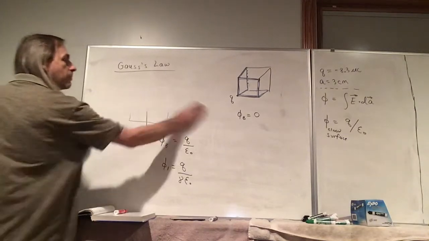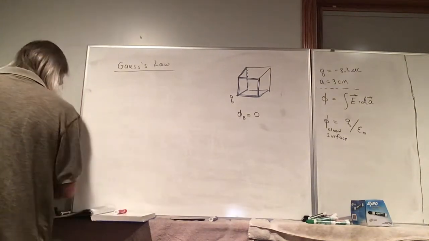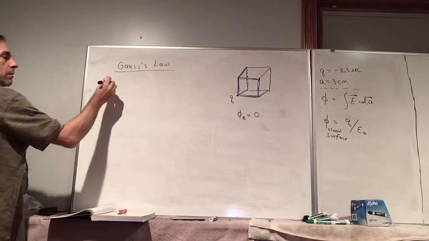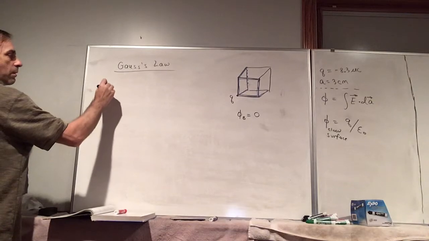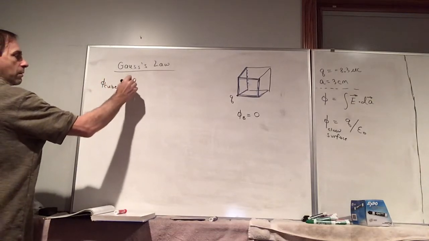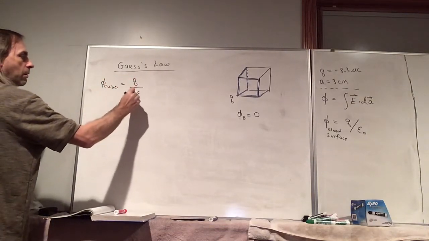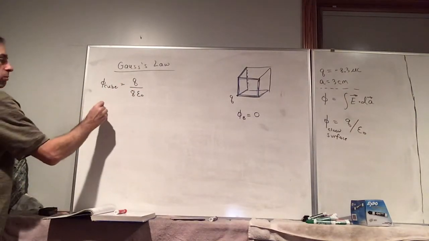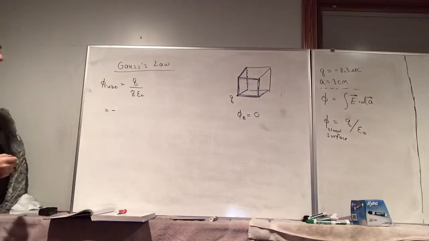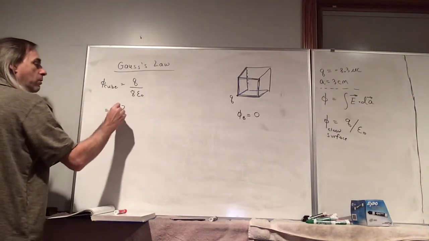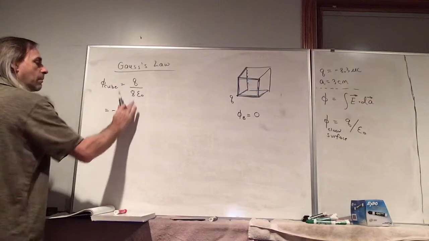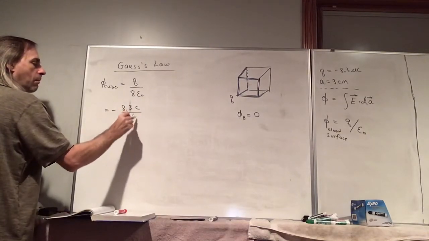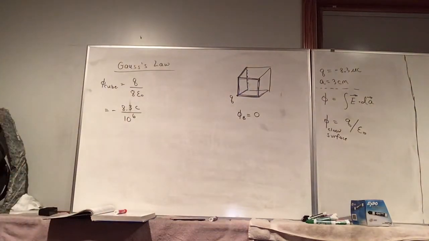So let's look at that. So the flux through our entire cube, let's plug in the numbers. We have a minus 8.3 coulombs over 10 to the 6.